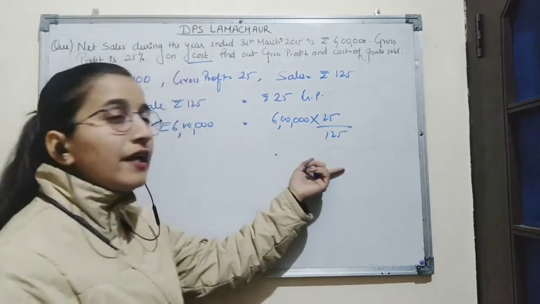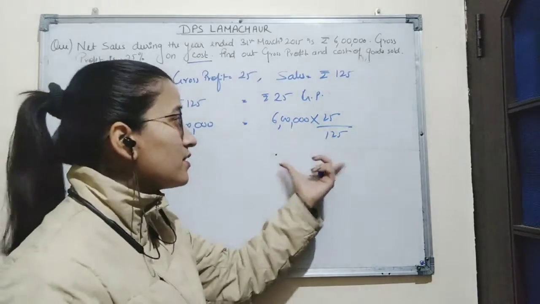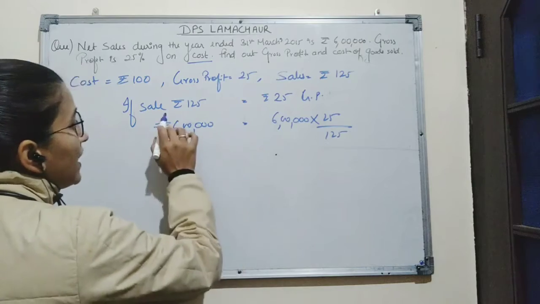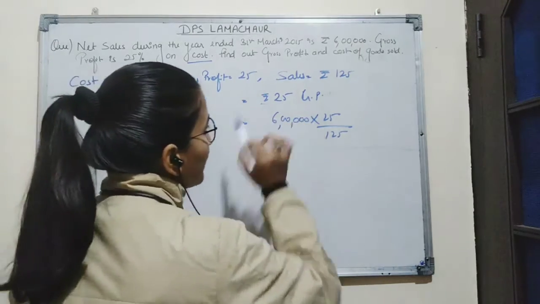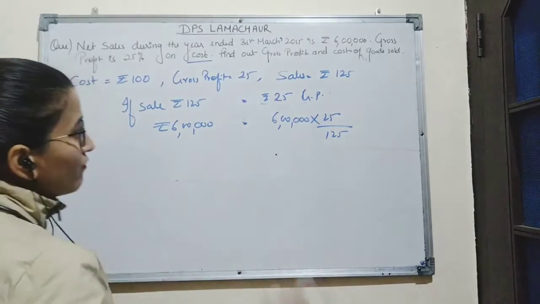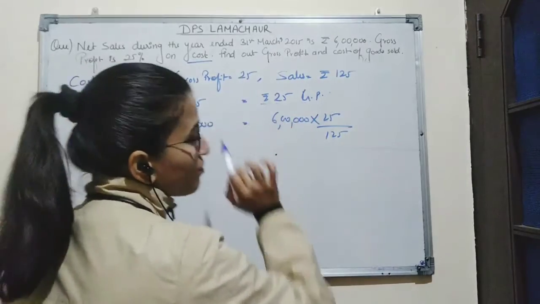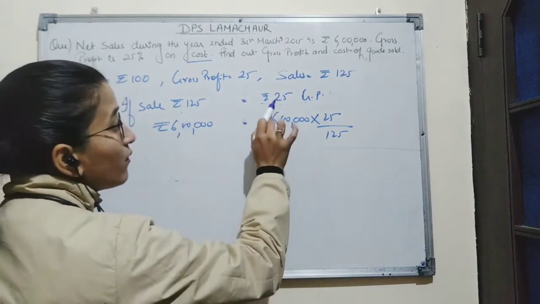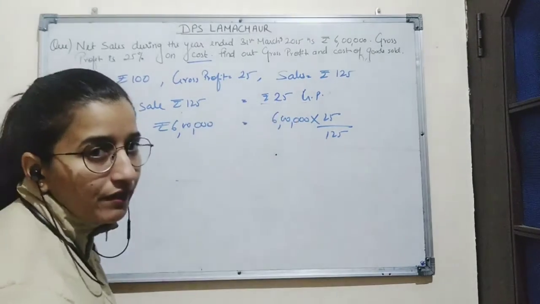We have applied the unitary method in this question. So here the unitary method will be followed. If sale amount is 125, gross profit is rupees 25. So on one sale amount, gross profit will be 25 divided by 125.